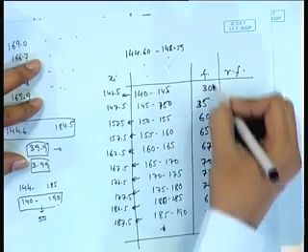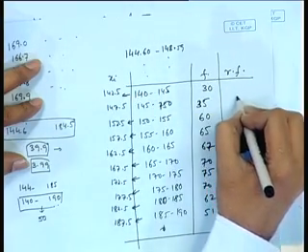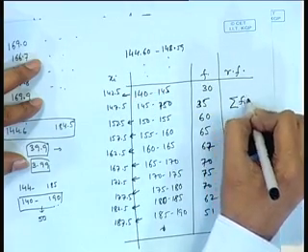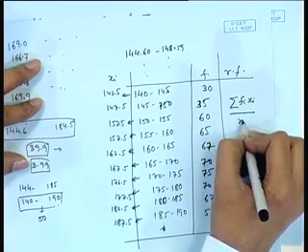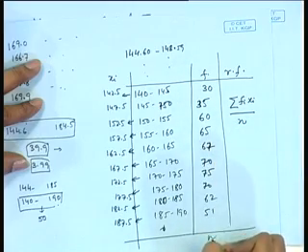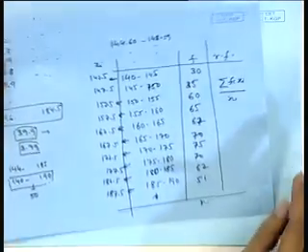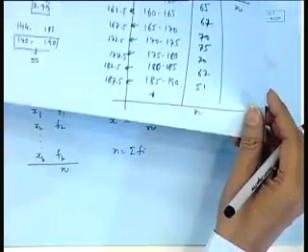If these are the xi values and these are the fi values, then again we can use the formula sigma fi xi divided by n, where n is the total frequency here. So, this is the formula for the arithmetic mean.